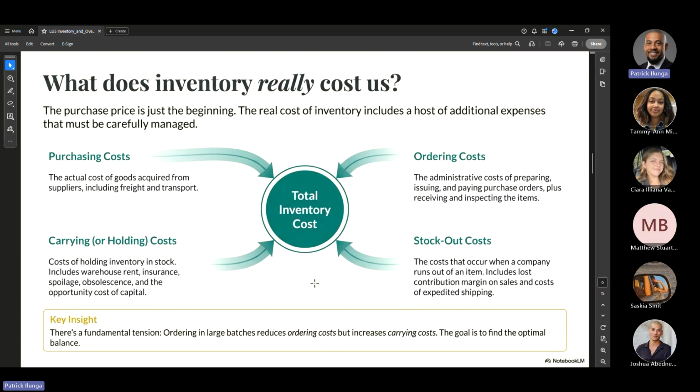What am I doing? I'm simply reciting your textbook. So when we look at the cost of inventory, all the costs incurred or involved are the cost of acquisition, storage, and administration. So you already see three things there.